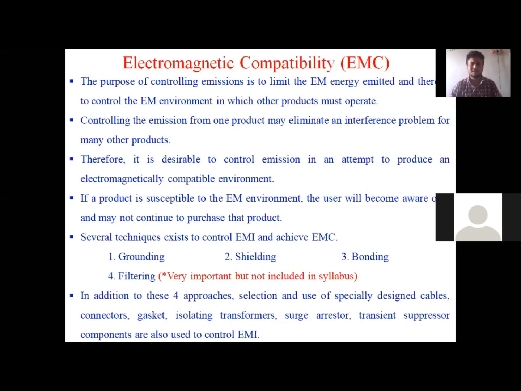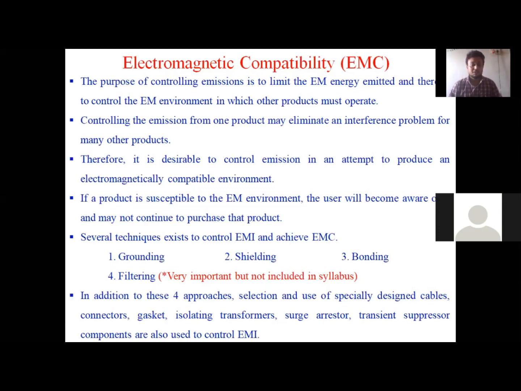Please remember, filtering is not there in your syllabus, but it is a really important concept in reducing the noise level in the circuit, especially when I'm dealing with common mode noise and differential mode noise that you have studied in chapter 5, EMI. Filtering is required.